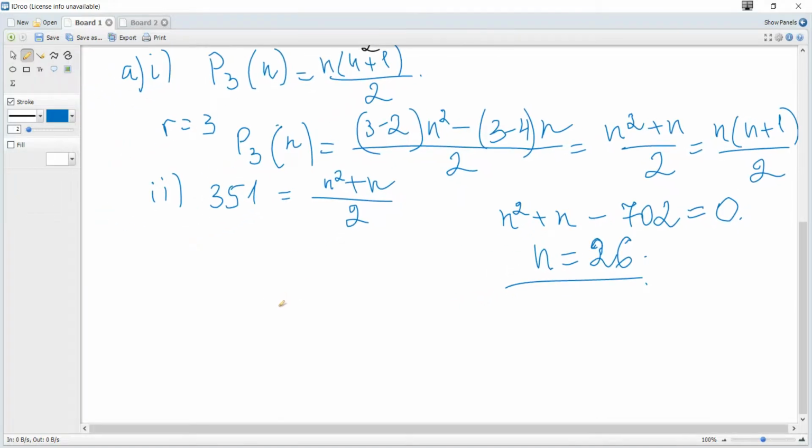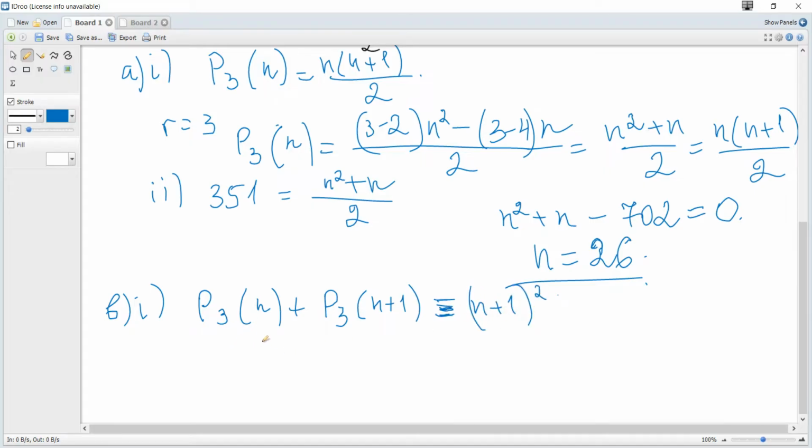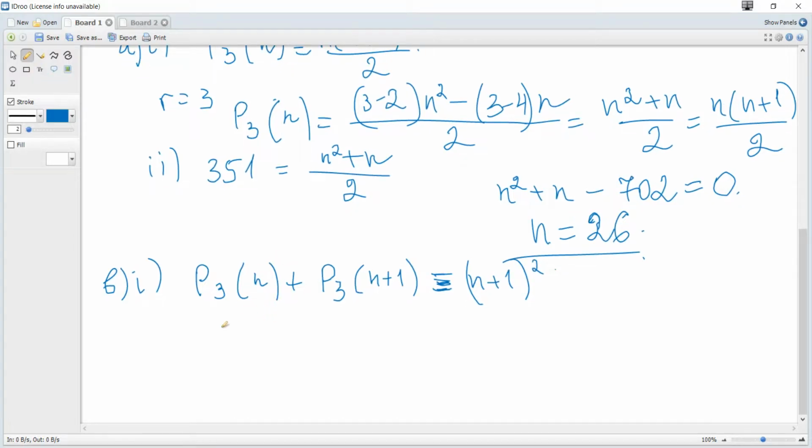The next, 2 marks, b i. Show that P3 of n plus P3 of n plus 1 is equal to n plus 1 squared. It means it's an identity.